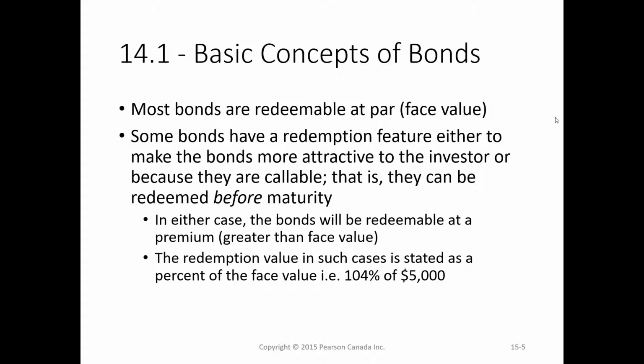So as compensation for the potential financial hit that a bond investor may face because of callability, often the bond is callable, but at a percentage greater than par. So the example here is maybe 104% of the face value. It could be 102% of the face value, whatever.